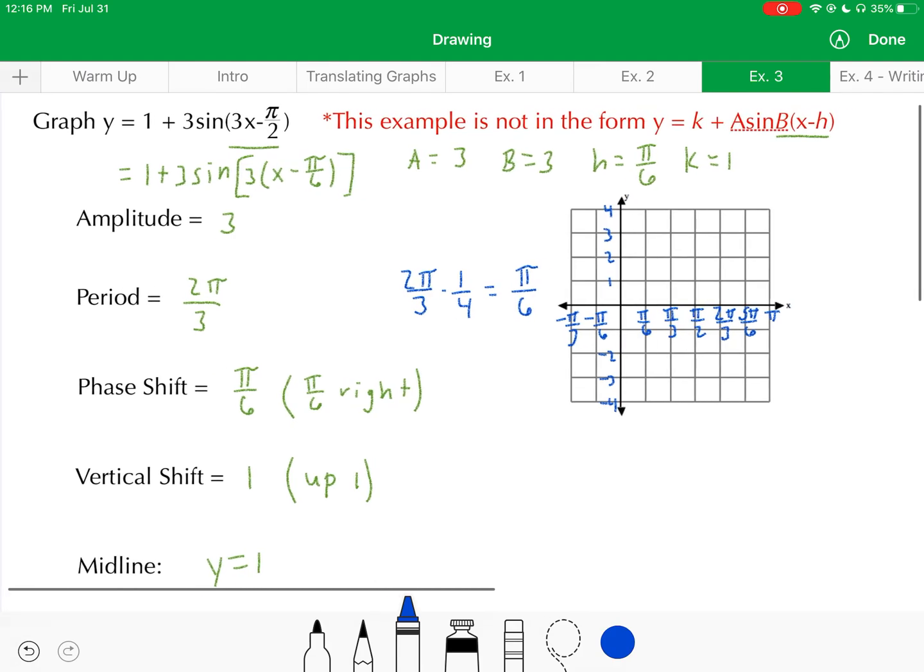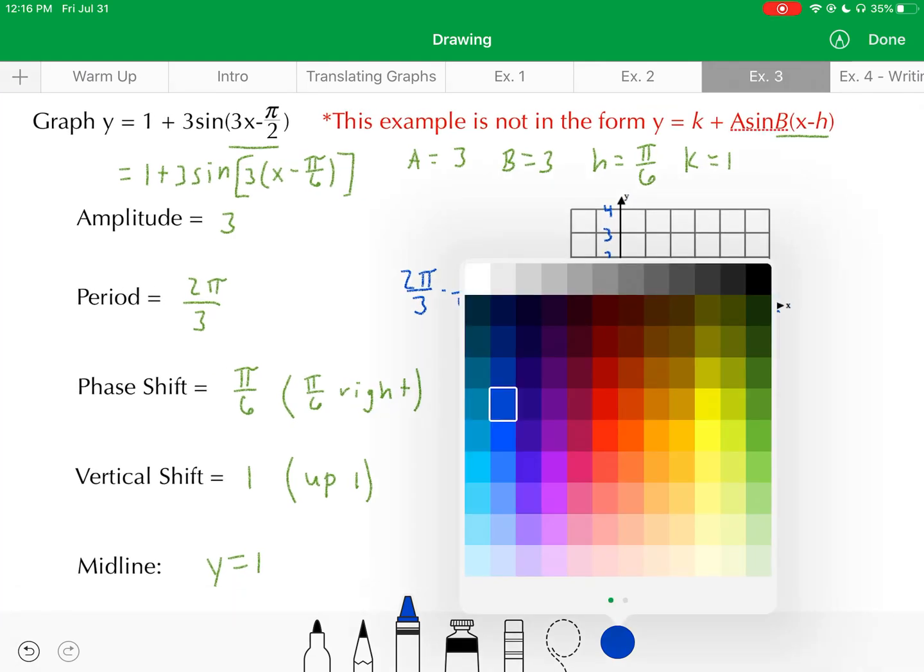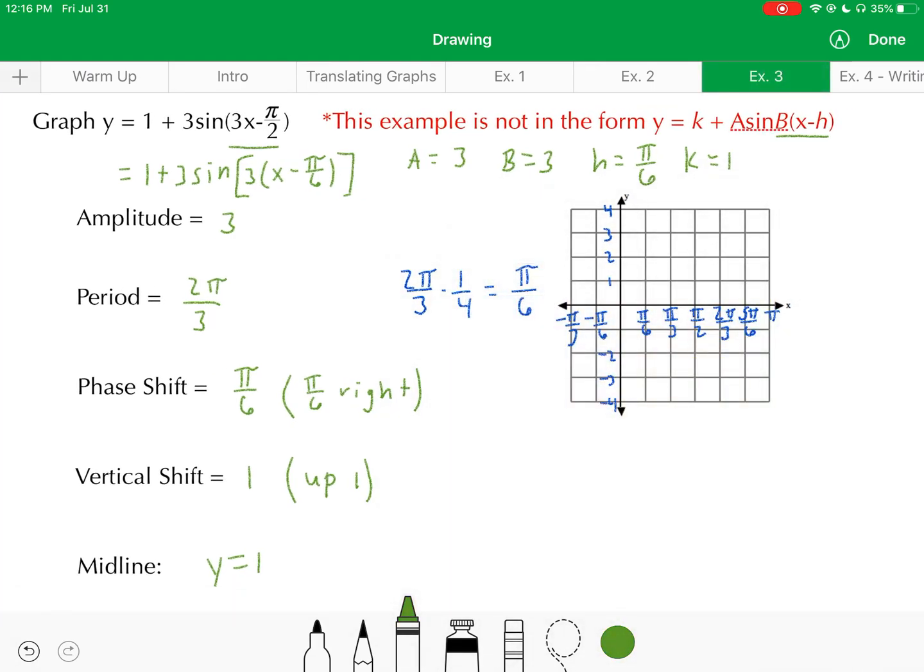Now let's take the shifts into account. So the vertical shift moves my midline up 1 unit, and the phase shift was pi over 6 to the right. So again, let's think of the intersection of those two lines, kind of like our new origin.